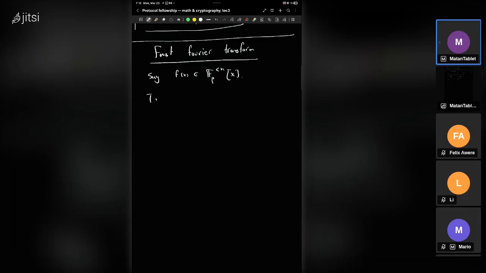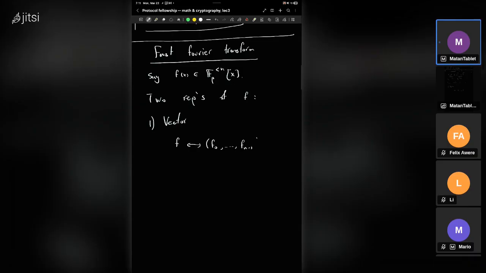And I have at least two representations of F. The first one is the vector representation: F can be thought of as a vector of its coefficients F0 up to Fn minus 1.